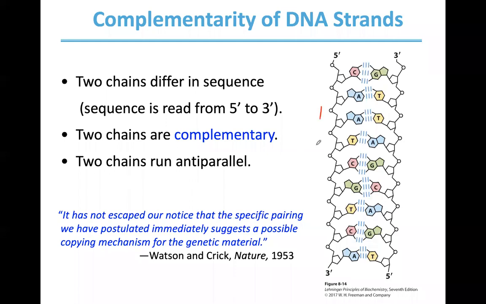Remember the direction: the sequence is read from 5' to 3', and this one will be read from 5' to 3' this way, right? And this kind of anti-parallel arrangement immediately suggests how DNA is replicated.